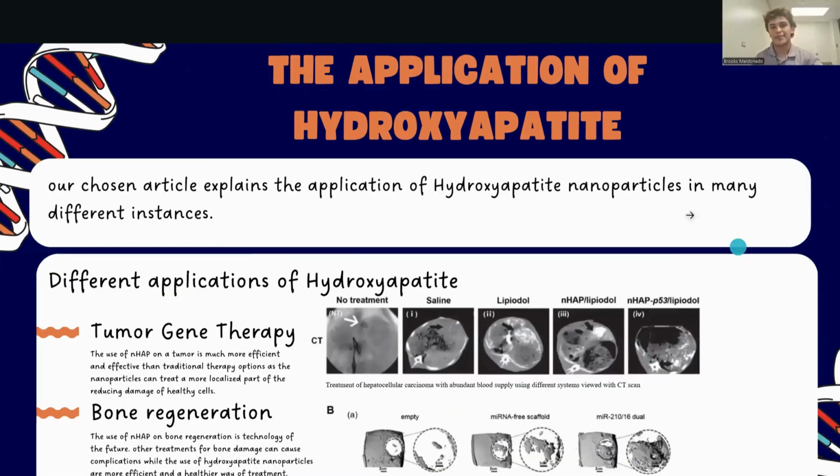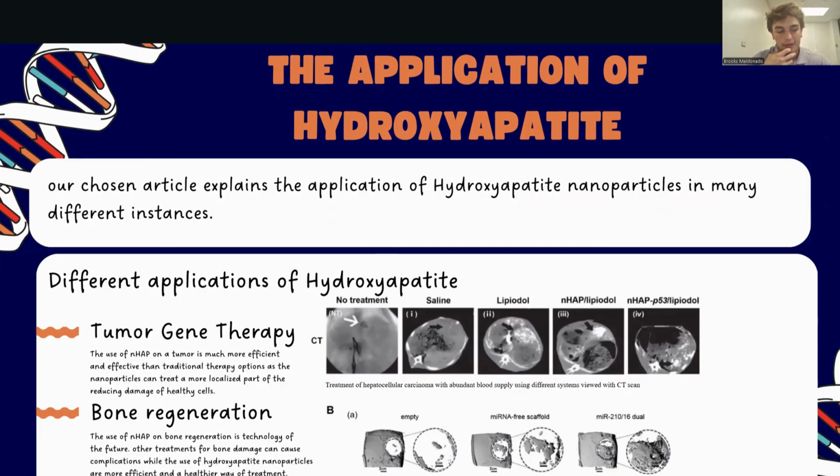All right, so what is the application of NHAP? The article we chose talked about many different applications, so these are just two of them. The first one I'm going to talk about is tumor gene therapy. Typically the therapy used today for cancers is chemotherapy and radiation therapy.